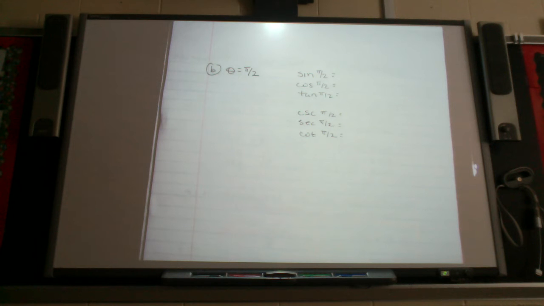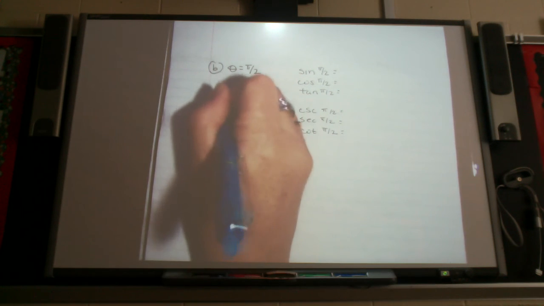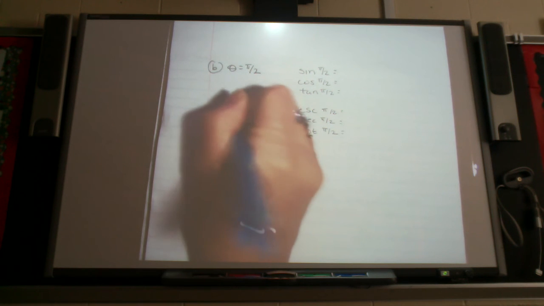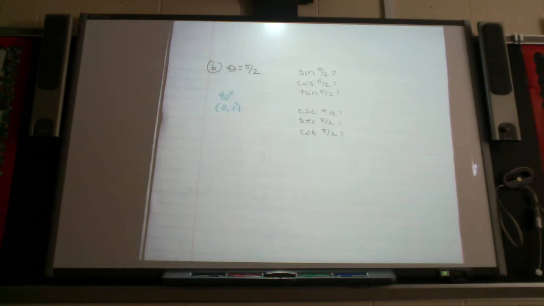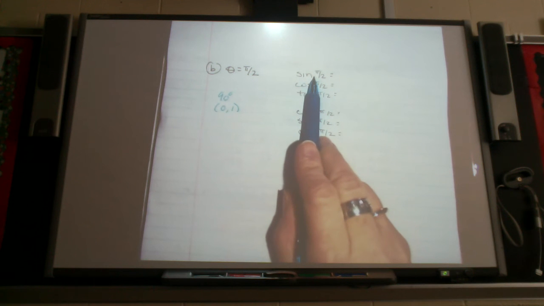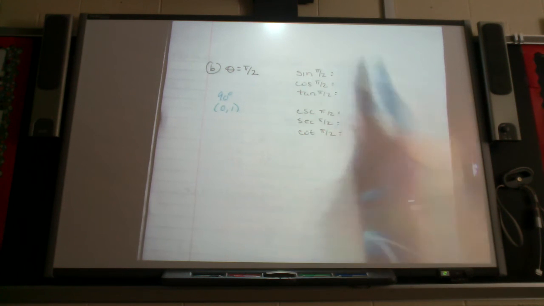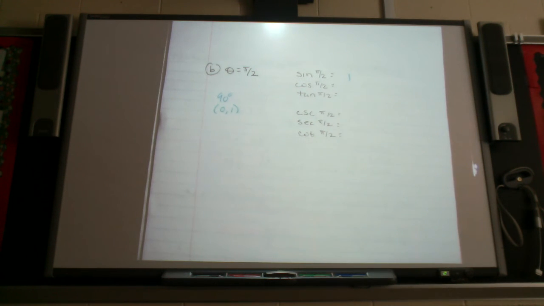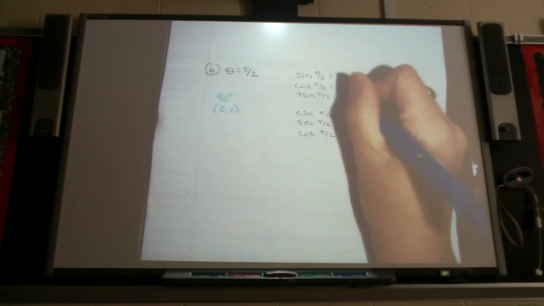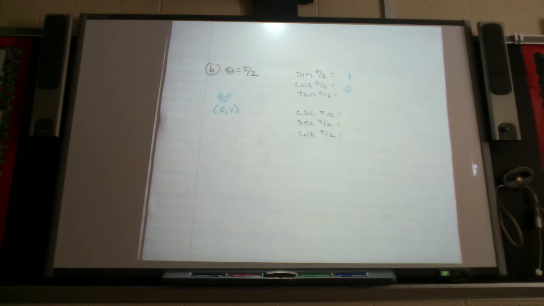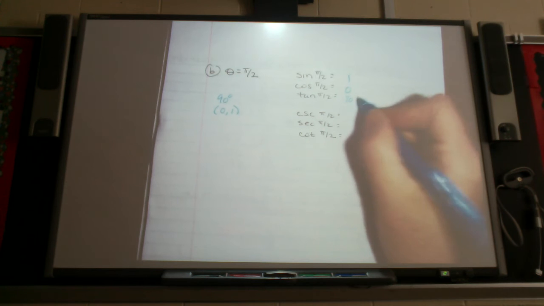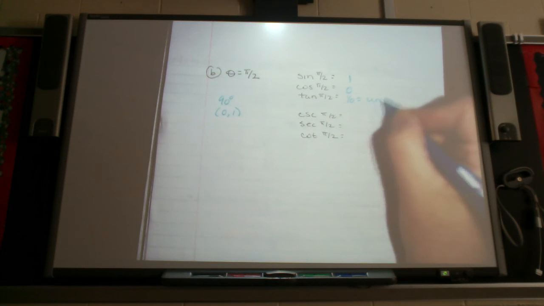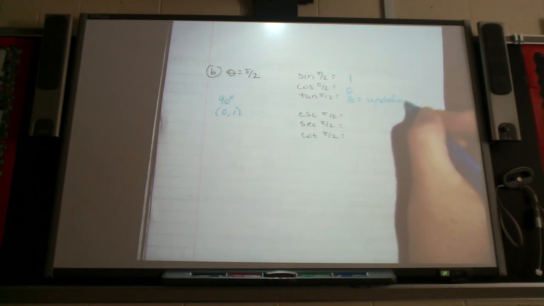Pi over 2 is which angle on the unit circle? It's the 90. What's that ordered pair at 90? 0, 1. So what's the sine of pi over 2? 1. What's the cosine? 0. What's the tangent? 1 over 0, which is undefined. You can't divide by 0.